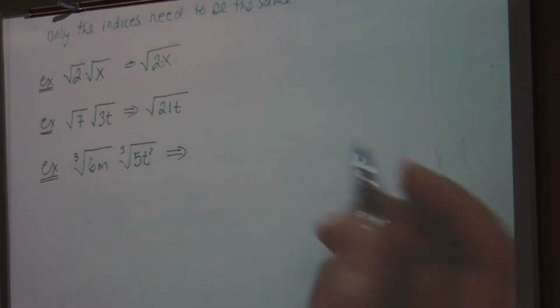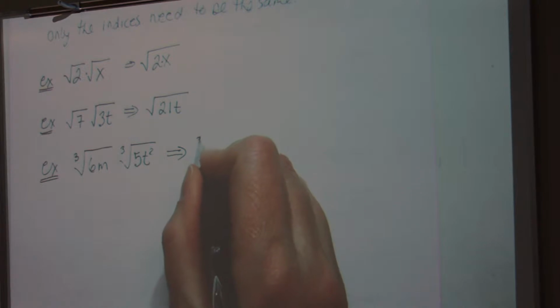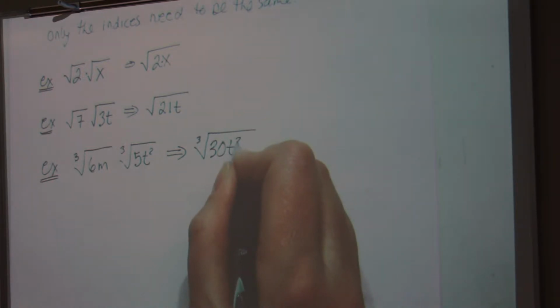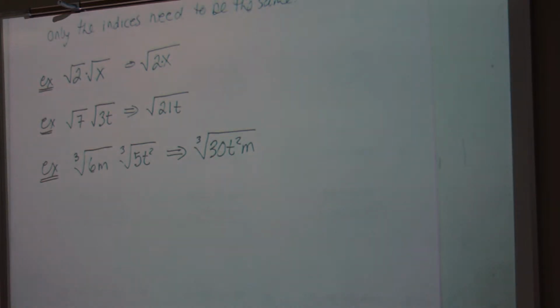The answer is 30t squared m, or 30mt squared, however you want to write it. I don't really care about the order. It's perfectly fine. And the reason we can multiply them and put them underneath the same radical is because they have the same index.